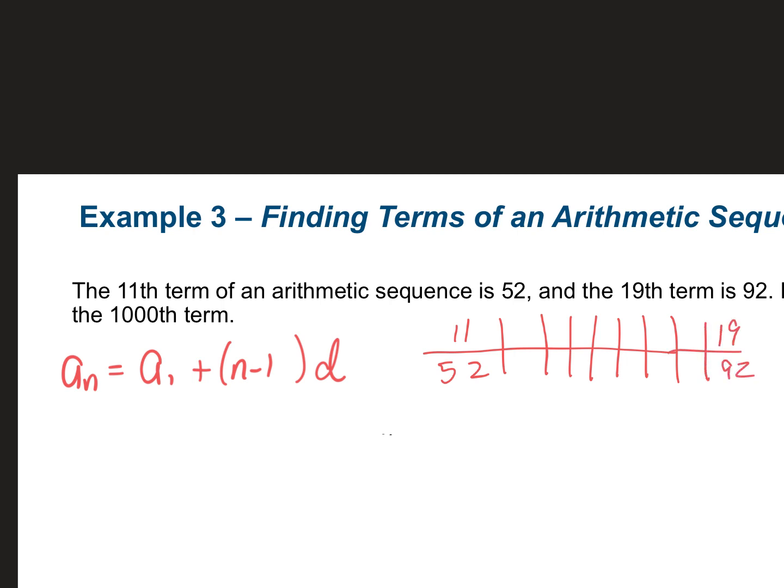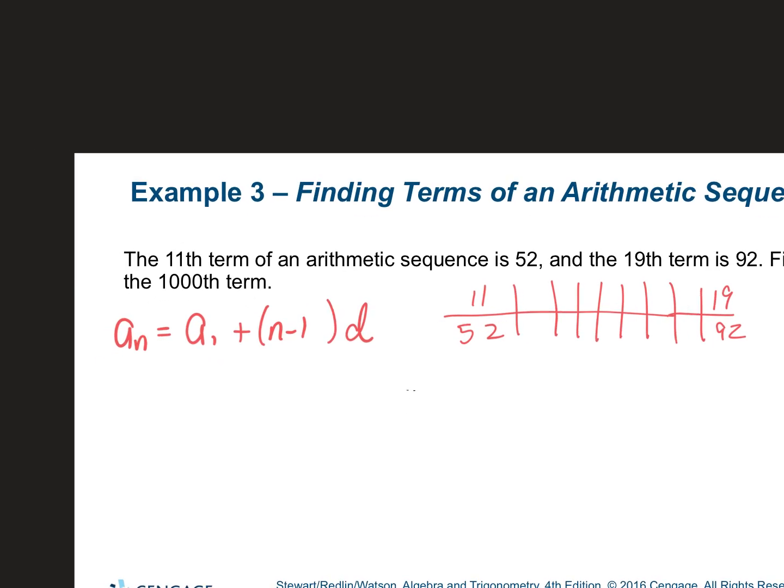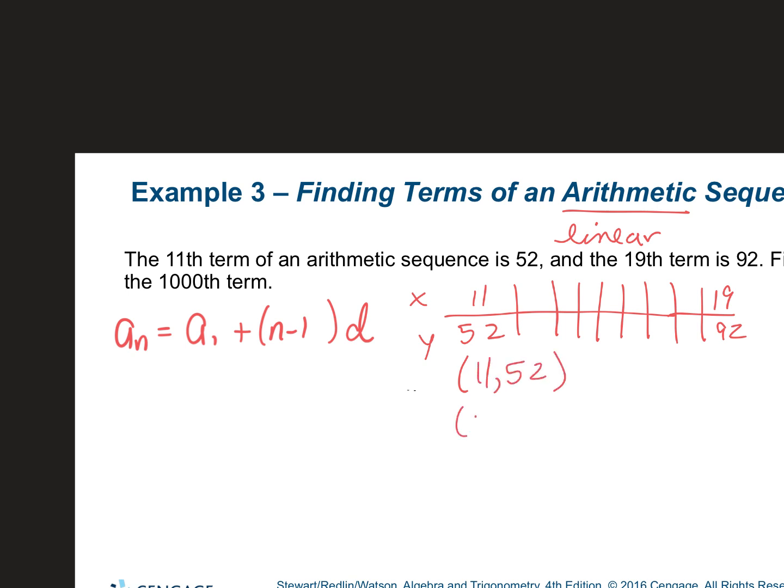Now there's a variety of ways you could do this. You could count, but since we know that an arithmetic sequence is also a linear function, when you're finding the common difference, you're really finding the slope. If this is my x value and this is my y value, I could write this as an ordered pair: 11, 52, and 19, 92.